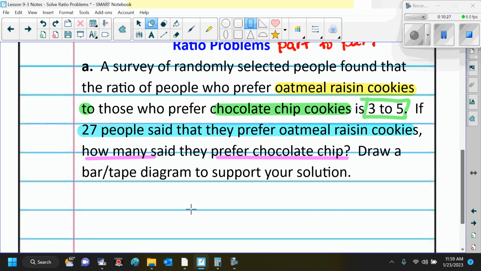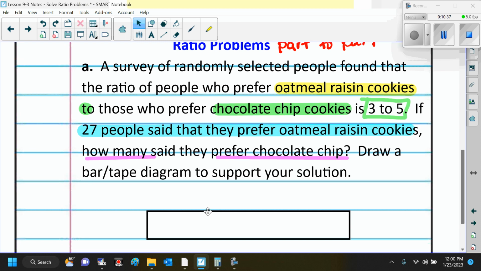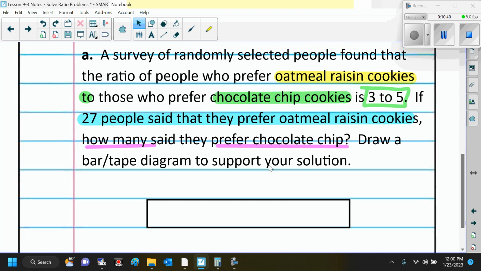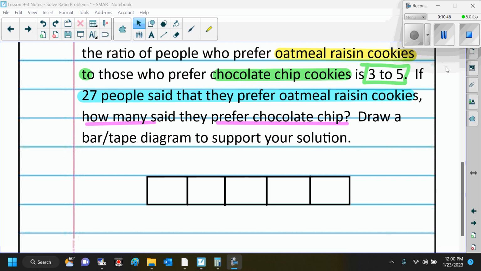Okay? So how many sections do I need to have in this bar? The ratio is 3 to 5. So we want to have 5 sections. Very good. So let's split this up. So here we have 5 sections, and we have oatmeal raisin to chocolate chip cookies.